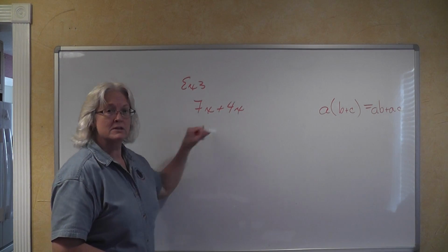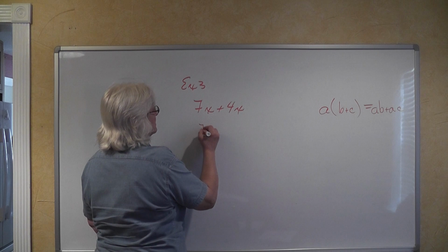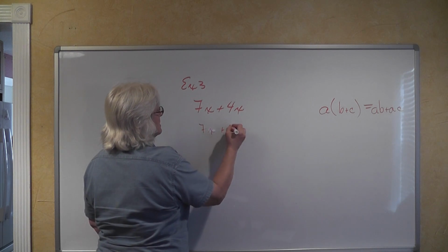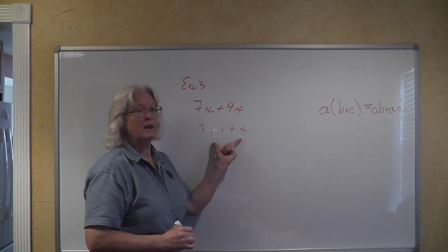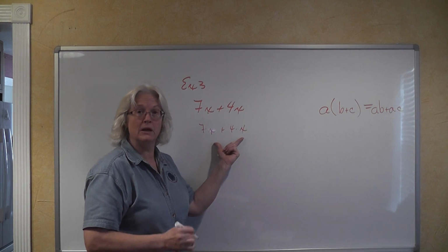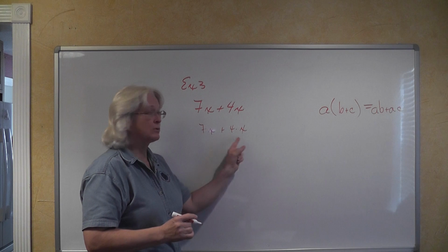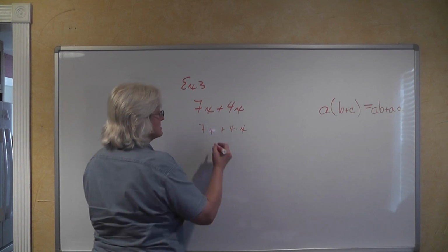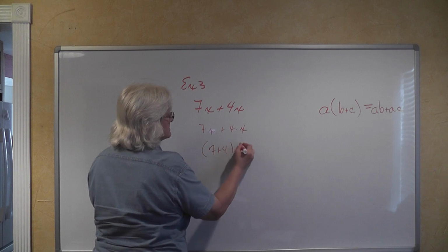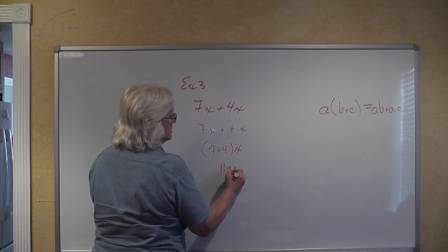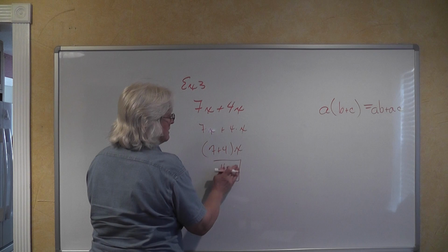So if we broke this apart, 7 times x plus 4 times x. What do we have here that's the factor that's being multiplied against two separate terms? It would be the x. So we have 7 plus 4 in parentheses times x, which is 11x.